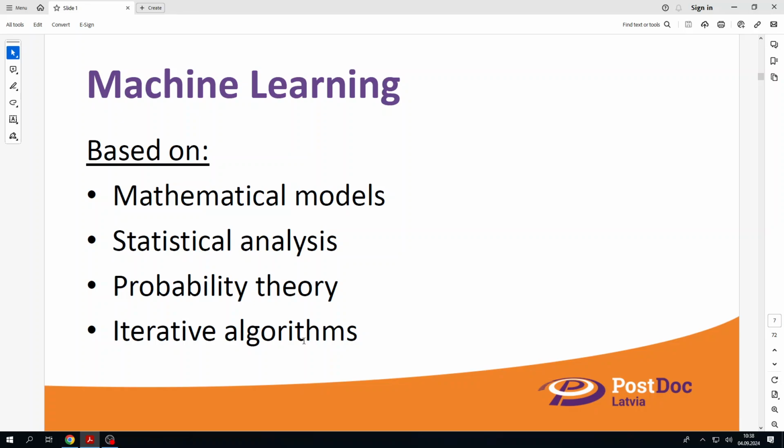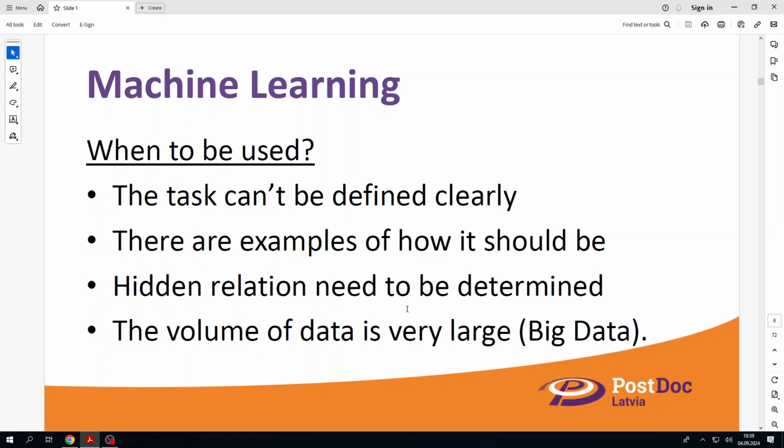Then it repeats the process and continues improving, by simply repeating this entire procedure, meaning that it will go through all the pictures of cats and dogs again and again, each time improving until it meets certain satisfying criteria, then we say, okay, it's enough, we can stop, or until it fails to get good results anyway. So we are based on mathematics, probability theory, and algorithms.